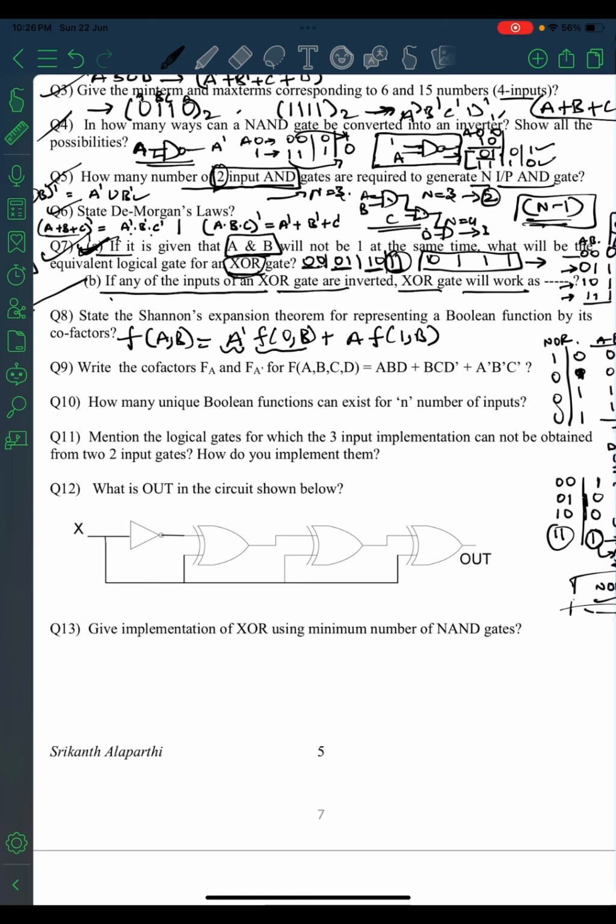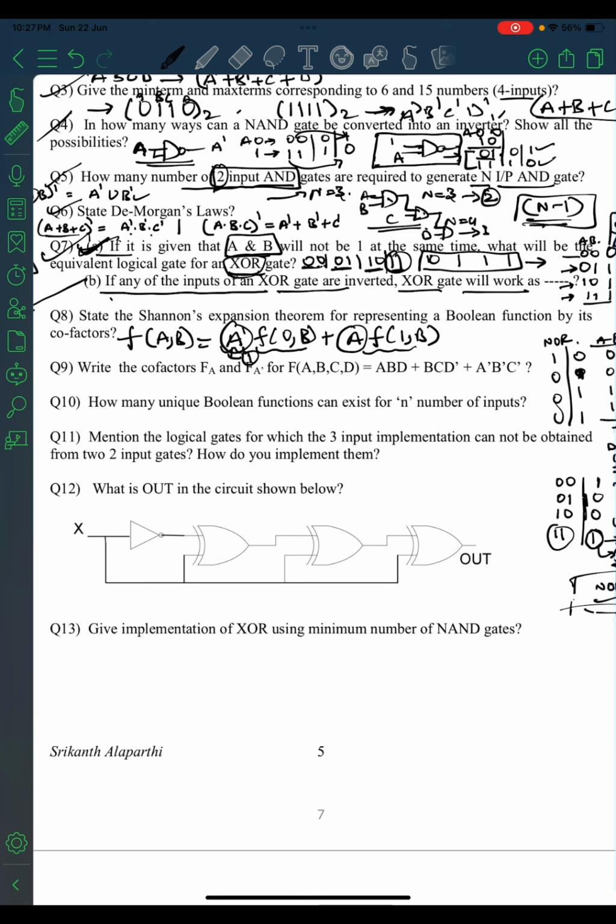Whenever we substitute 1 in the terms of a, we get the equivalent that is multiplied by a. Whenever we substitute 0 in the entire Boolean function, the equivalent thing is multiplied by a dash. So whenever a is equal to 0 in the whole function, only this term will remain.